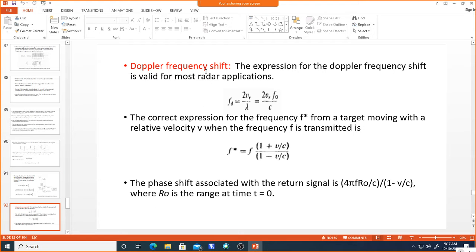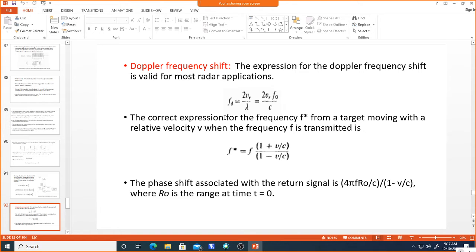Now this Doppler frequency shift, whose expression we already know, is with respect to the relative velocity, given by 2Vr times f naught by c, where f naught is the transmitted frequency. So by using this expression we can get the Doppler frequency.